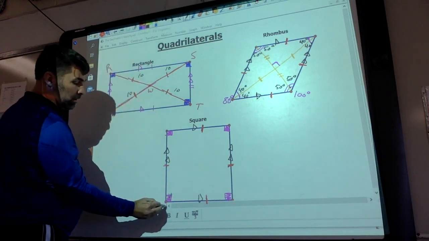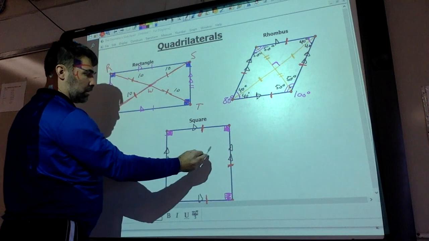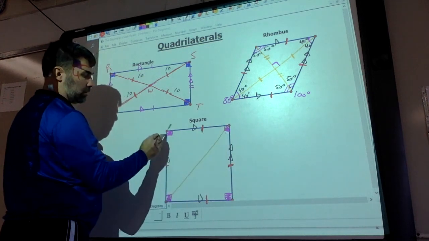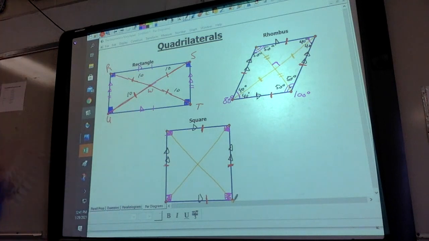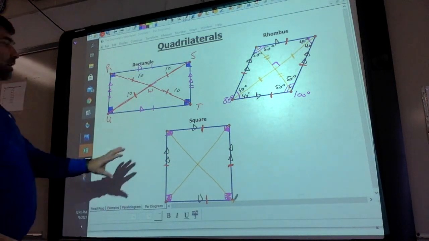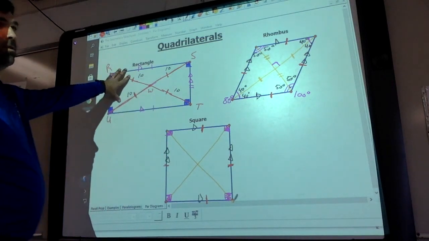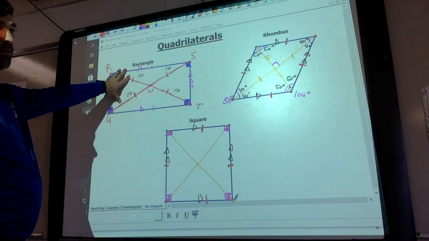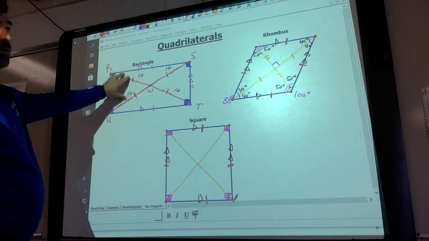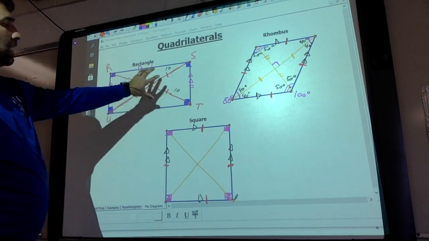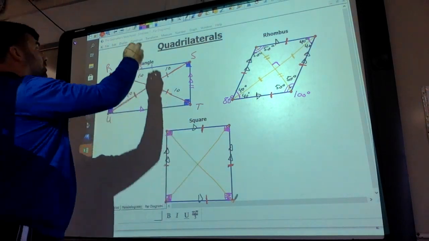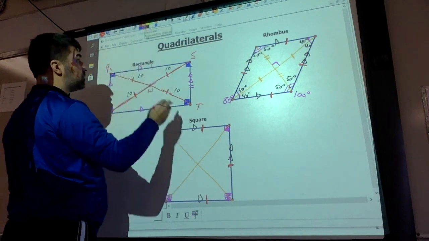Okay, so before we get too crazy with drawing this, the fact that diagonals bisect each other, keep in mind a square is a rectangle. If you look at the properties of a rectangle, the diagonals are congruent. So I'm going to take that and apply it to a square, which means this is also true.